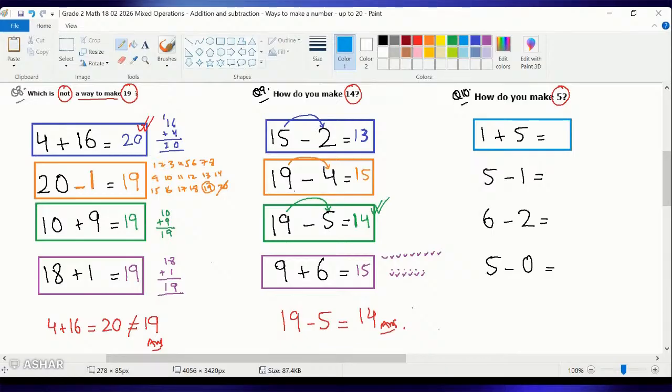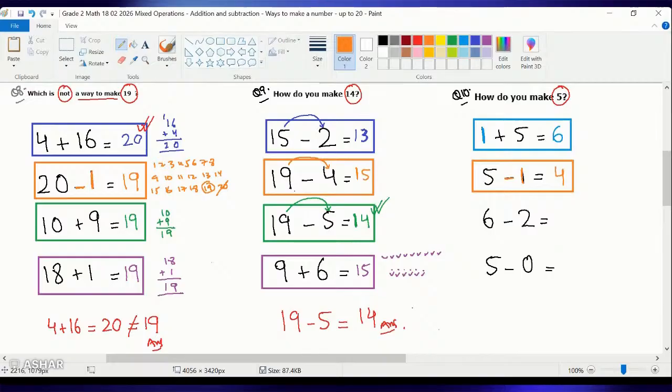Whenever 1 is added to any number, we get the next number. Agreed? When 1 is subtracted from any number, we get the number 1 less than the number. So 5 minus 1 would be 4.